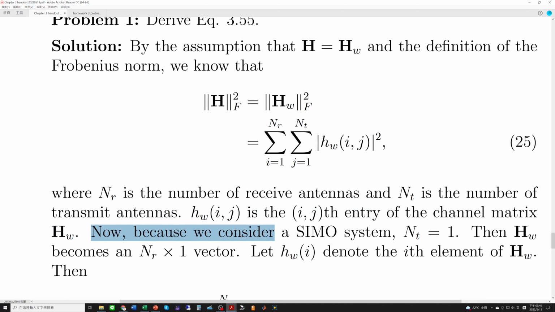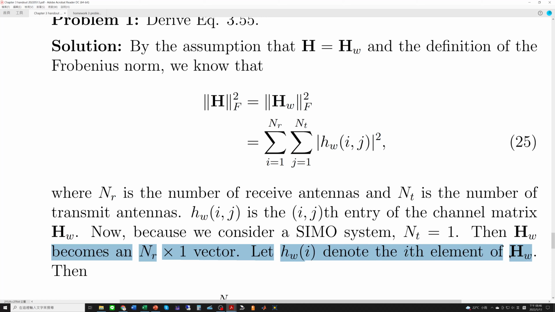Now, because we consider a SIMO system, NT is equal to 1. Then HW becomes an NR by 1 vector. Let HW of i denote the i-th element of HW.